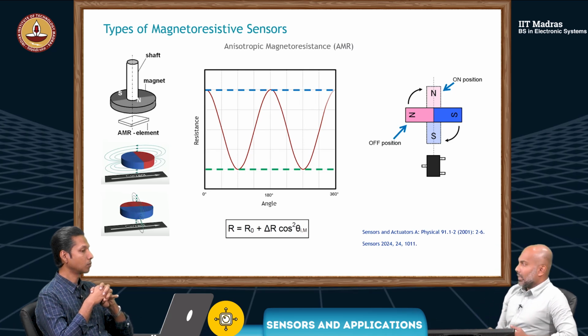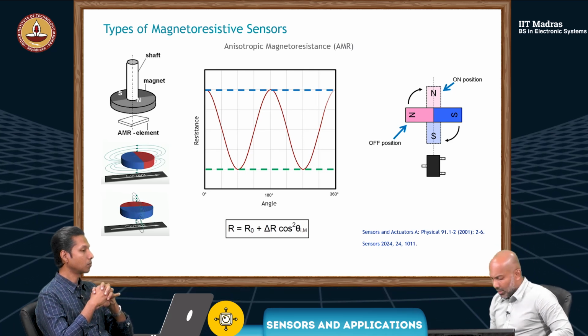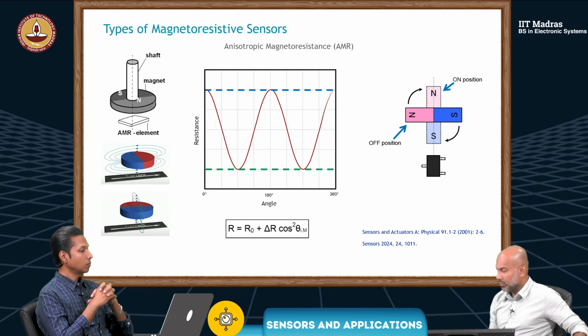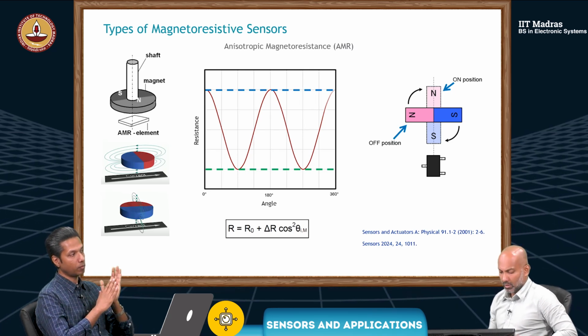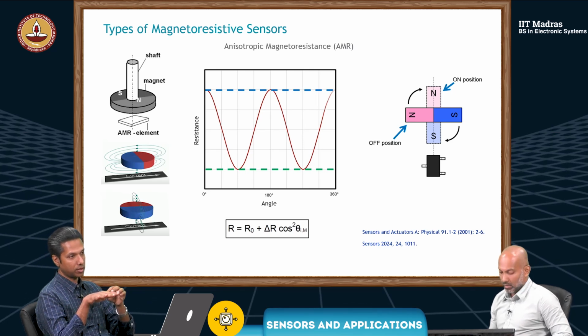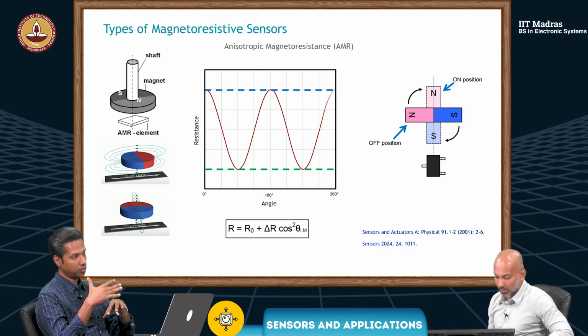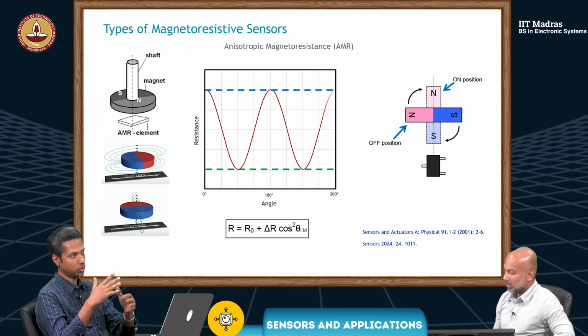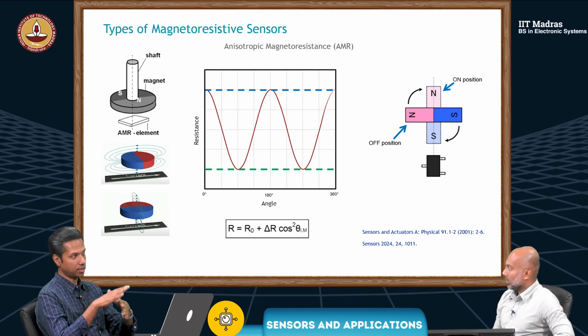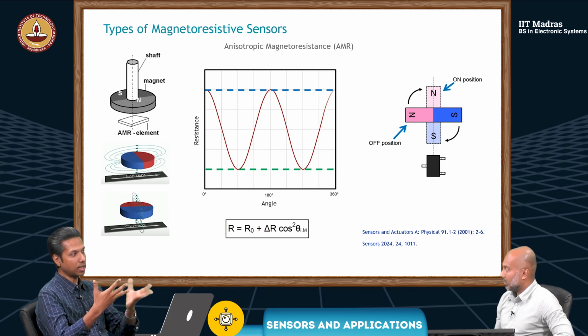So what kind of applications do you think this kind of magnetoresistance can be used for? The direction of the external magnetic field that the sensor is exposed to has to change. Yes, that is what we can say.